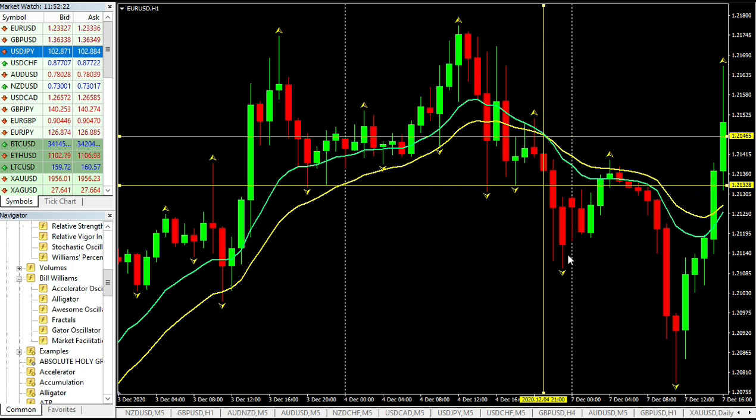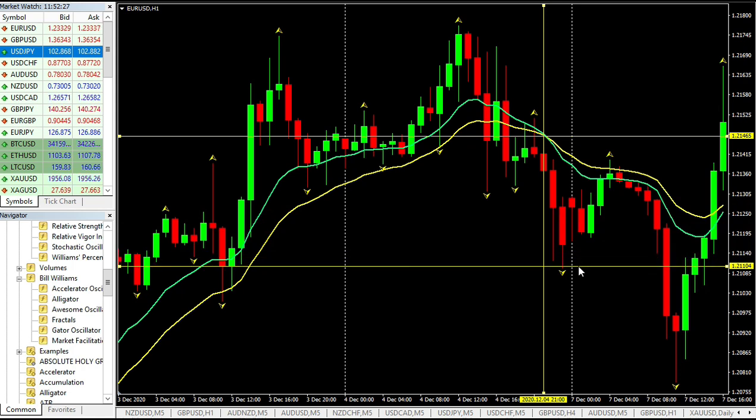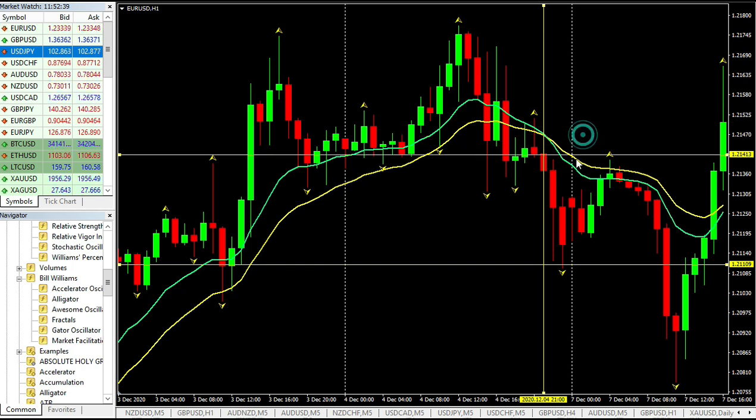You get another low candle here, low fractal, down fractal. So you're going to put a pending order here to sell, and you're going to put your stop loss.